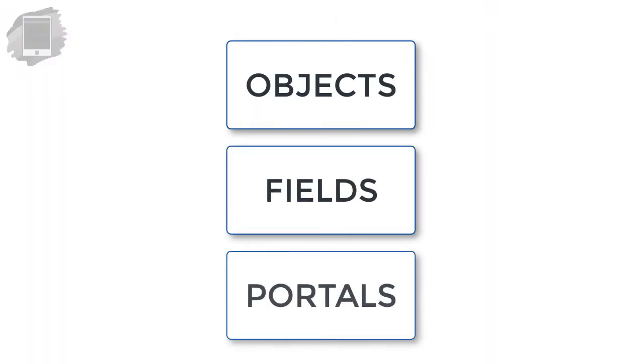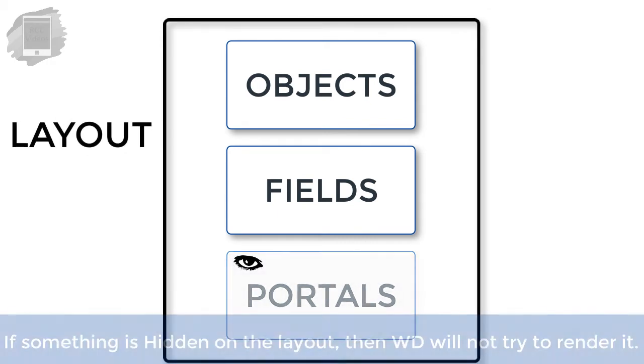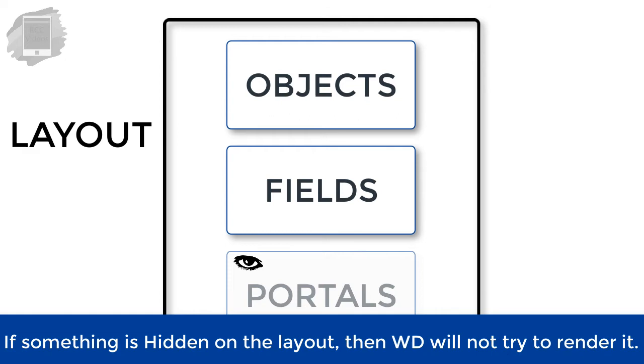I'm saying WebDirect is a jewel of software, because it's loading exactly what it needs to load. So you can have a bunch of objects, fields, and portals on one layout, but if you don't show it, it won't be called by the WebDirect engine.